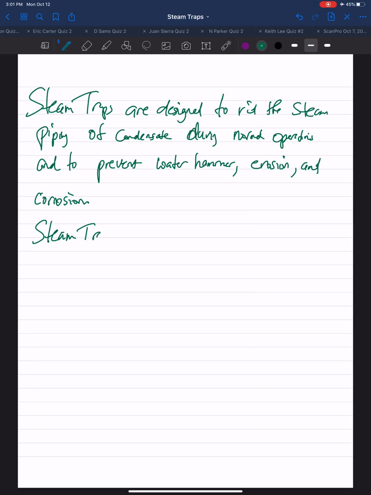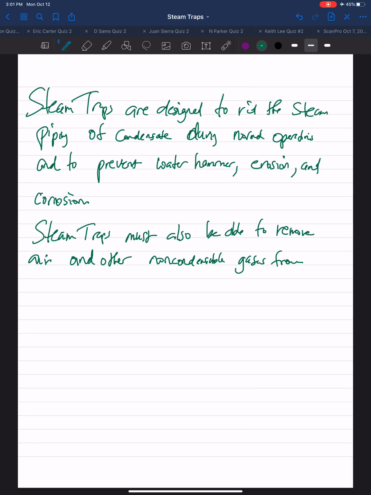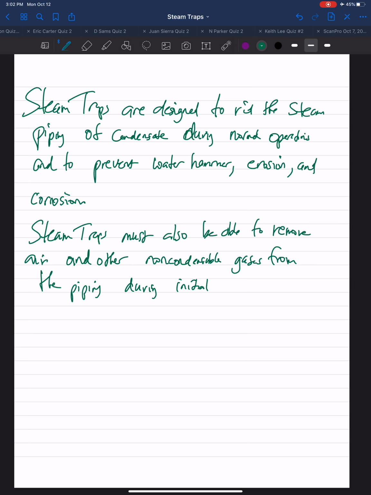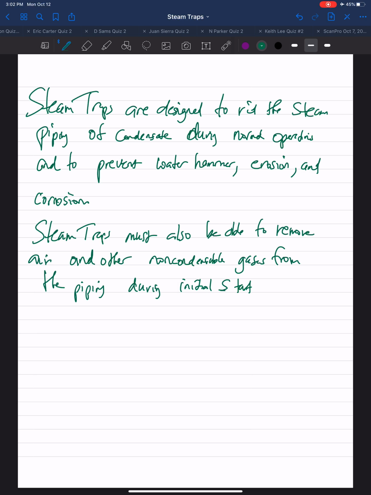Steam traps must also be able to remove air and other non-condensable gases from the piping during initial startup of the steam system.